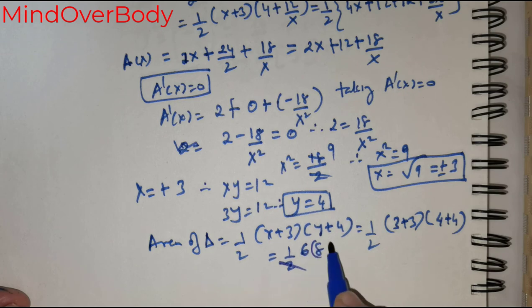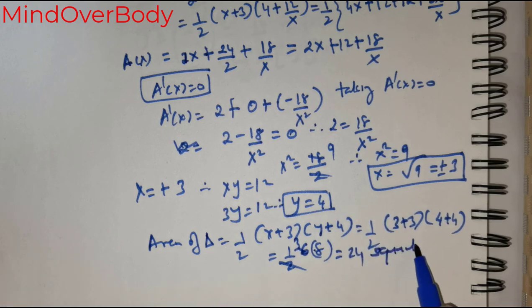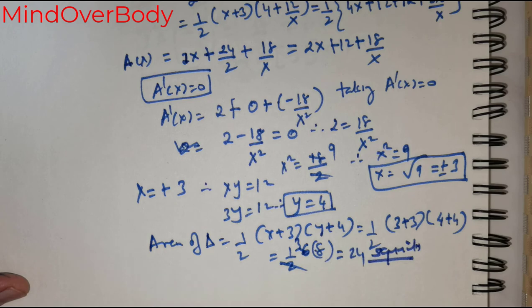So 2 divides 6 three times, 8 times 3 is 24. So this is the solution, 24 square units for the area of the triangle.